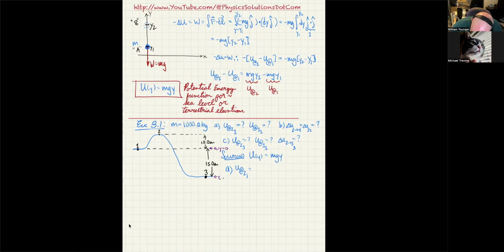For C, this is y equals 0. So that's what we're doing here. So I just did U at 2 relative to 1, and of course that's going to be 1,000 kilograms times 9.80 meters per second squared times the height, which is 10.0 meters. So the potential energy is obviously going to be 10,000 times 9.80.